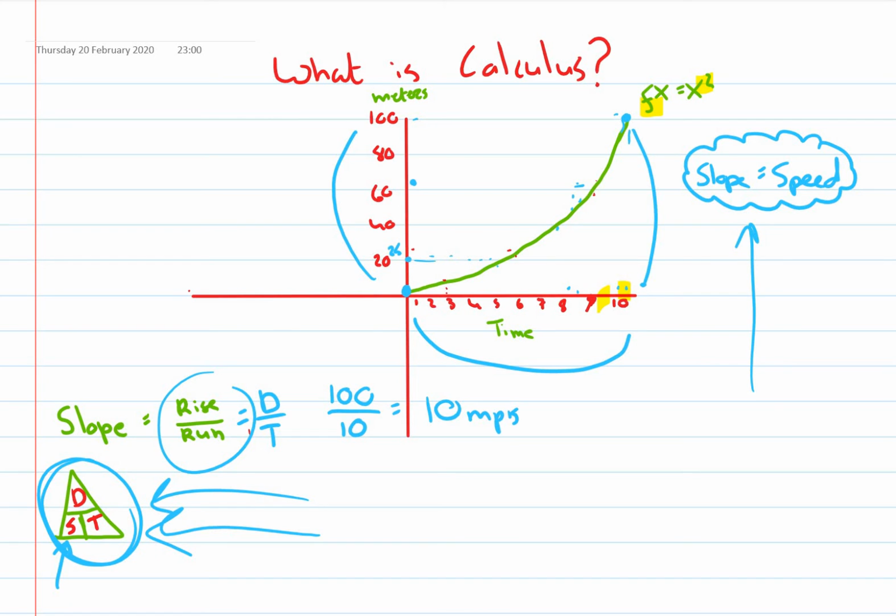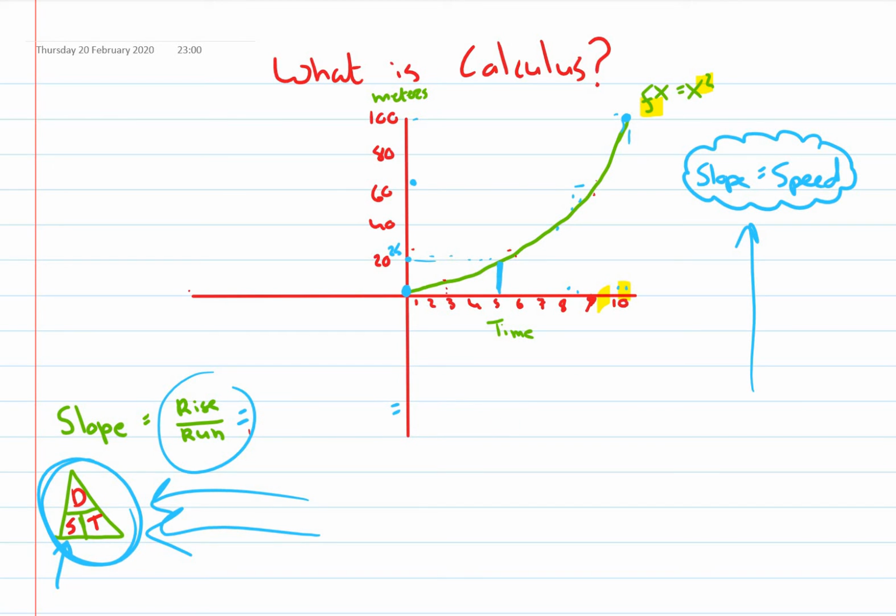Which proves really that the slope of that line, from here to here, or if I was doing from 8 seconds to 10 seconds, would be the slope of the curve from here to here, or if I wanted his average speed from the second half of the race, so 5 seconds, here would be the slope of the curve from here to here. Okay, so if you remember, the second half of the race, I think it was 15 meters per second.